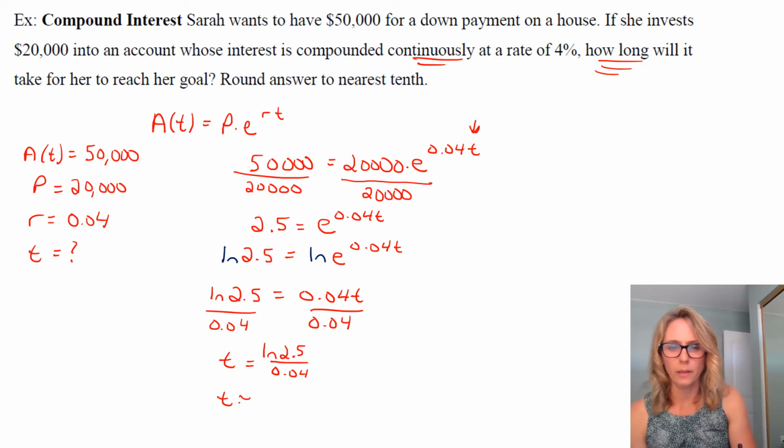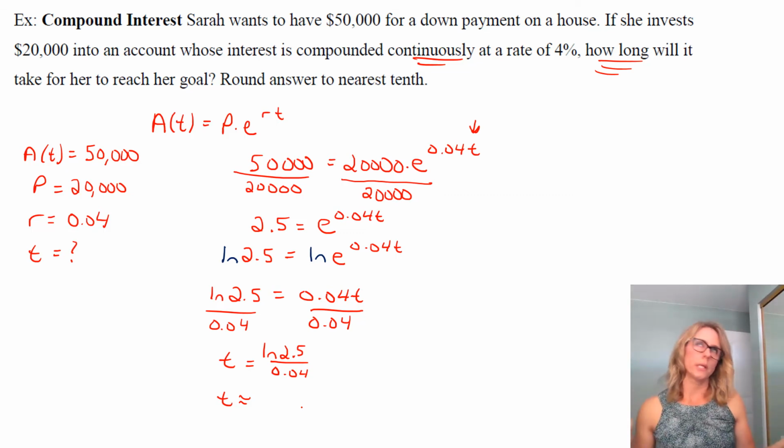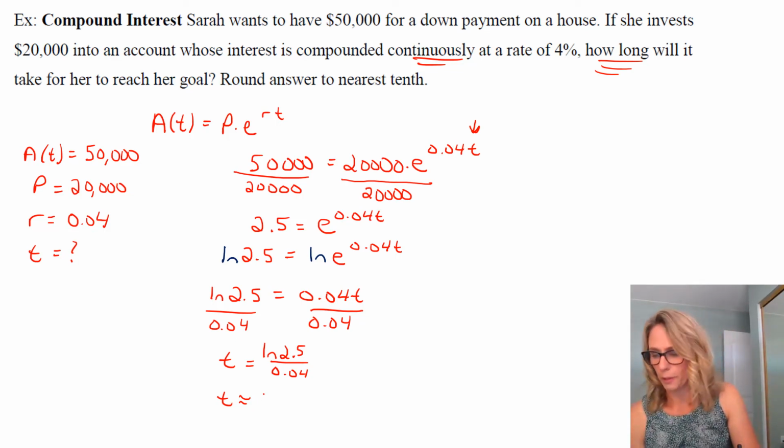And we can put that into the calculator and see what we get. It's going to be pretty common because we wouldn't say, oh, how long will it take you to make your money? And then they go, oh, it'll take ln 2.5 divided by 0.04 years. Nobody says that. So we put that in the calculator and we get something like about 22.907.